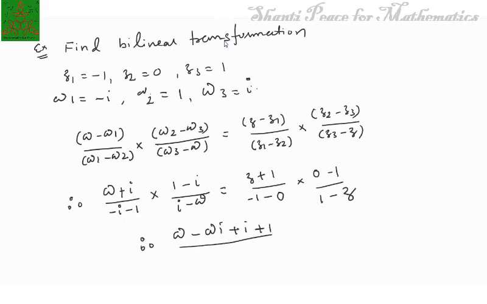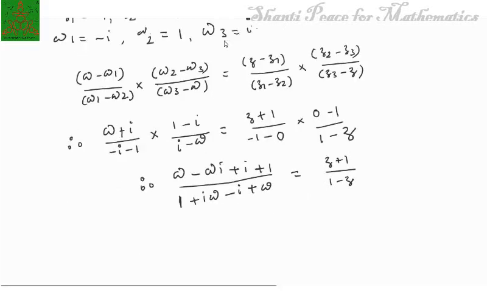On the denominator also we multiply and simplify. The first term is minus i square, that will be plus 1, minus minus plus iW minus i plus W. On this side you will have Z plus 1 upon 1 minus Z. Minus 1 is cancelled out in the numerator and the denominator.